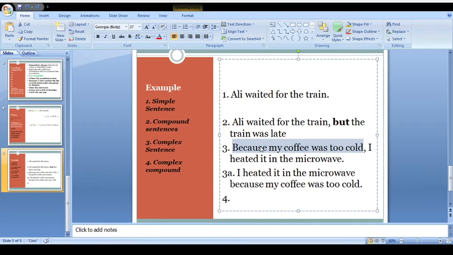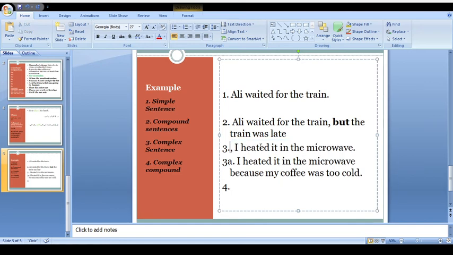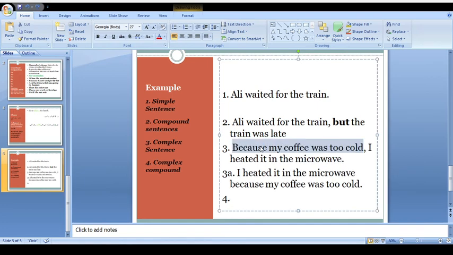But if I remove this, for example, I heated it in the microwave. What? What have you heated? So, it means this part is the subordinate. And this part without an independent clause is nothing. Right?